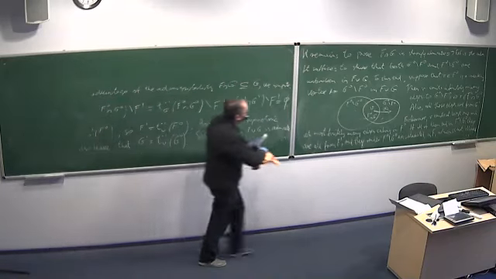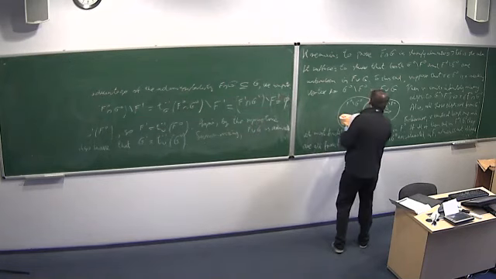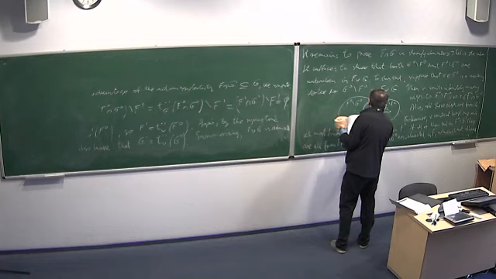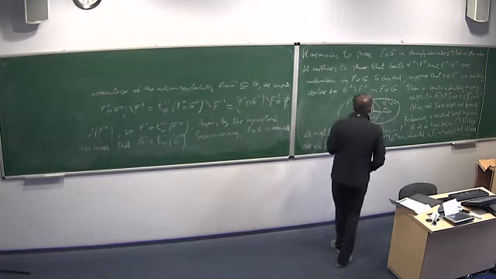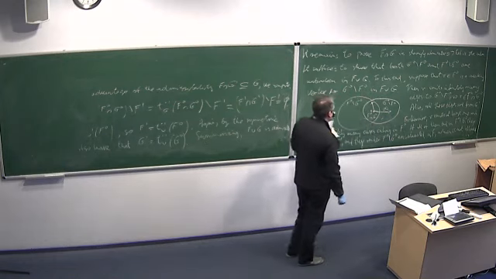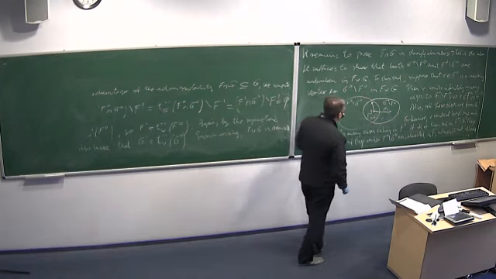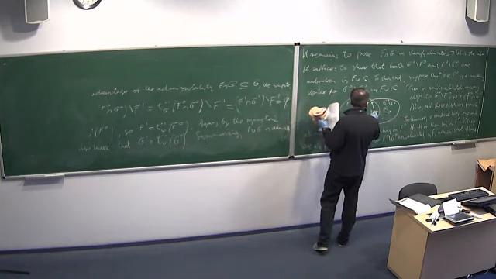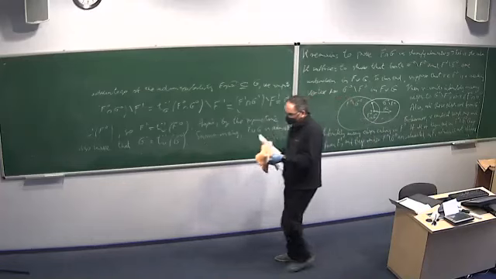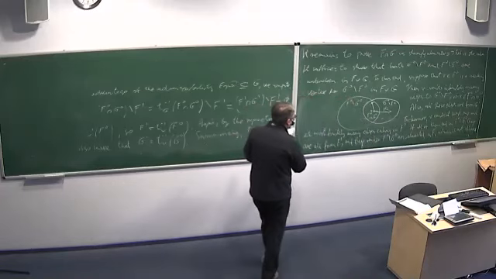So I can now draw an edge. There is at least one edge, which is inside F naught intersect G naught. It can be a loop, whatever. It can be more than one, but there is at least one which not only begins at V, but it ends in F naught G naught.